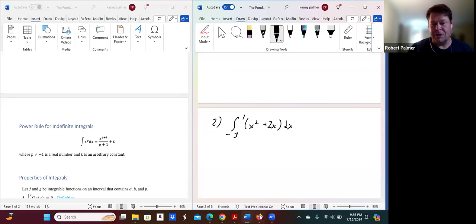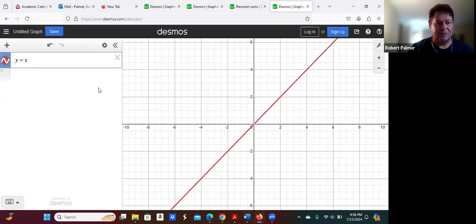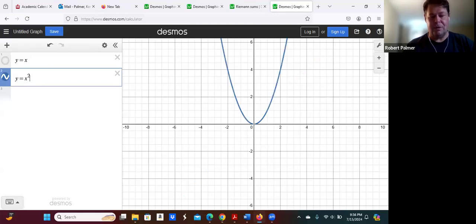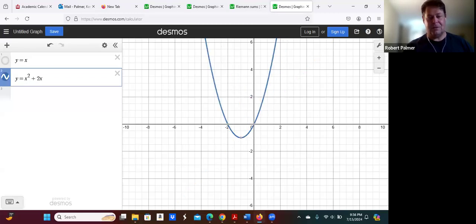Okay, let's go to Desmos then and graph this. Let's turn that one off. This time y equals x squared plus 2x. Okay, and I want to go from -3 to 1.